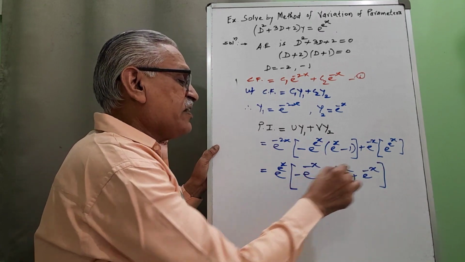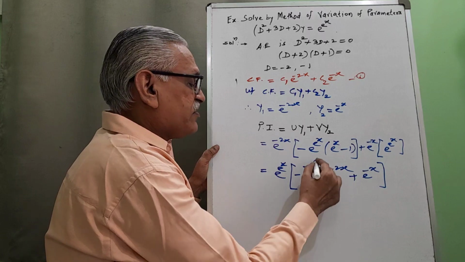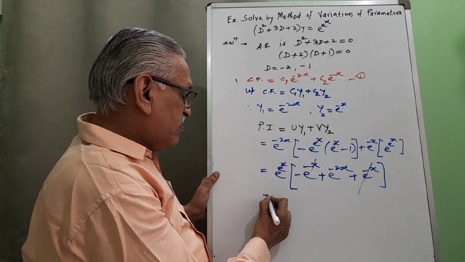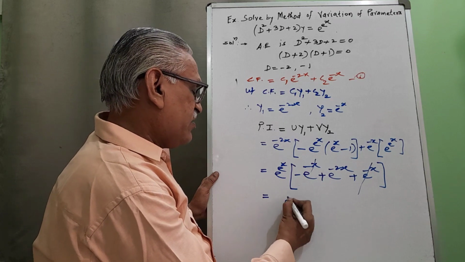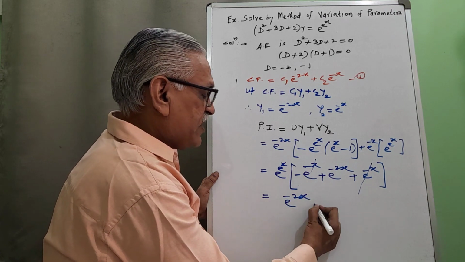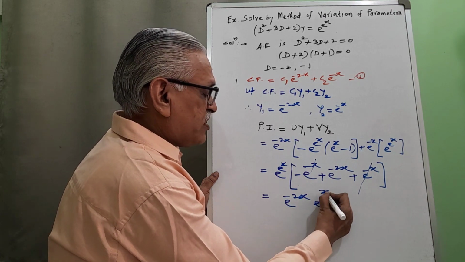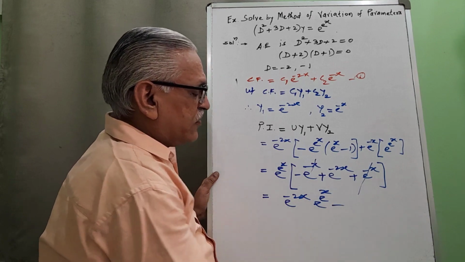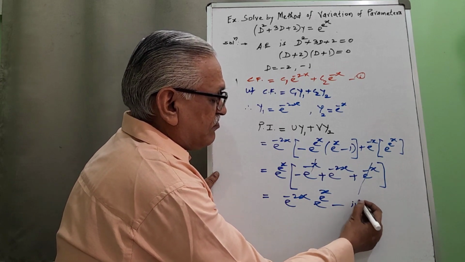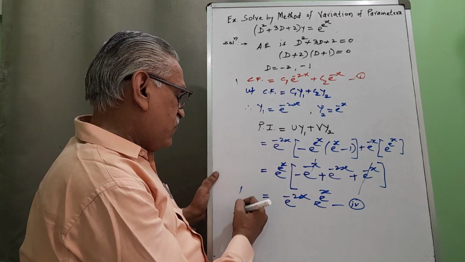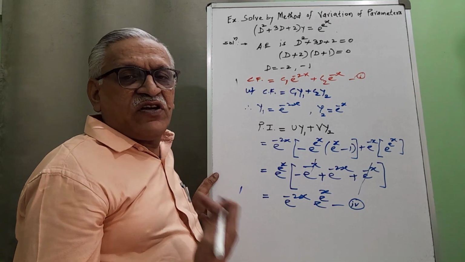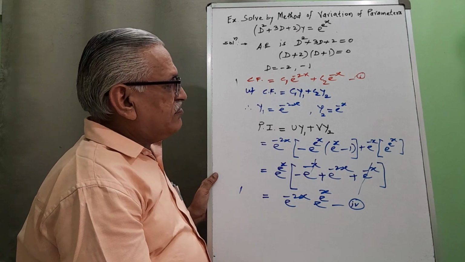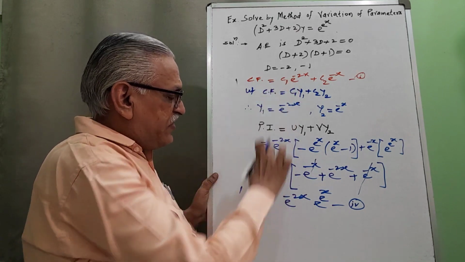This with minus sign and this with plus sign get cancelled, and therefore pi is e raised to minus 2x multiplied by e raised to x. We call this equation number 4. For this, 1 mark.